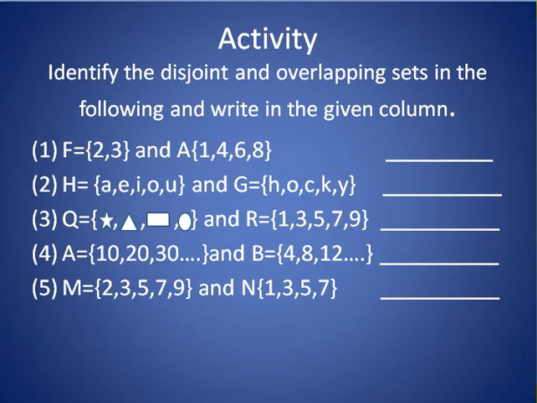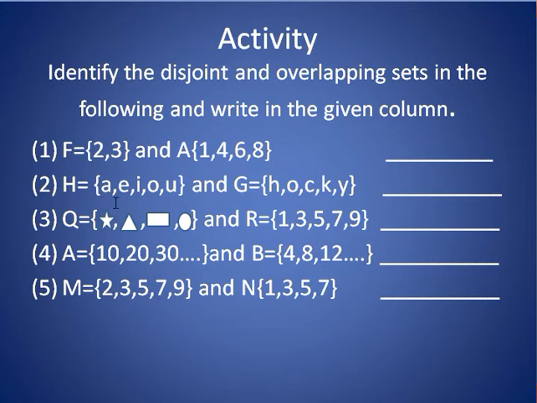Activity: identify the disjoint and overlapping sets in the following and write in the given column. Example number 1, set F has elements 2 and 3, set A has elements 1, 4, 6, 8. Now are these disjoint sets or overlapping sets? Not a single element is common in both sets, both are totally different, so this is a disjoint set.